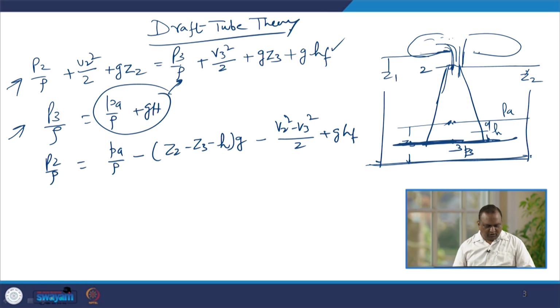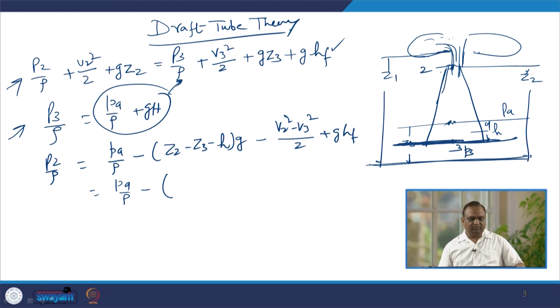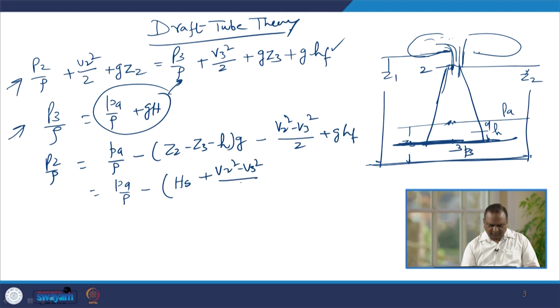Now, P2 by rho is equal to Pa by rho minus, now Z2 minus Z3, this elevation minus this elevation, is the length of the draft tube Hs, the difference in elevation. So, Hs is also called the suction height, plus (V2 square minus V3 square) by 2 plus gHf.